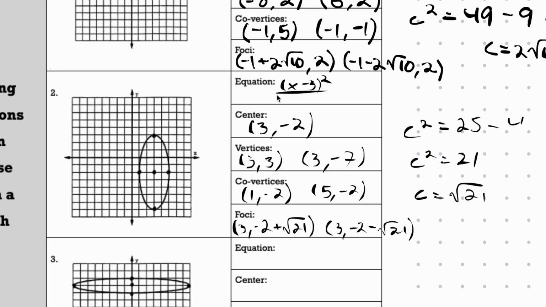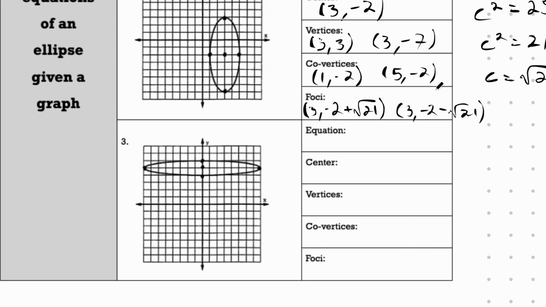Our b squared value is going to be 4. And y we're going to be adding 2, since we have minus 2 down here. We're going to put that over our a squared value. That's going to be 5 squared. We're going to get 25. That's all equal to 1.